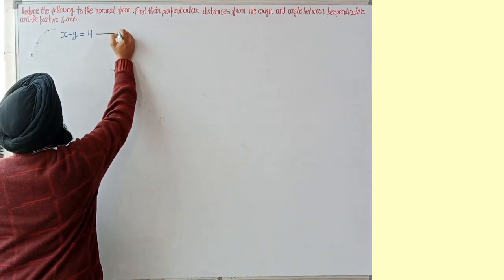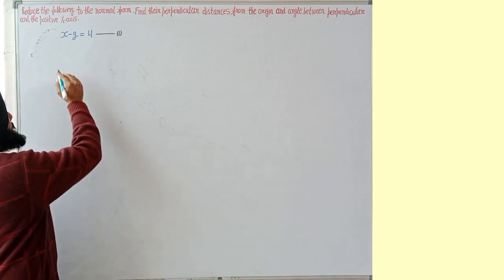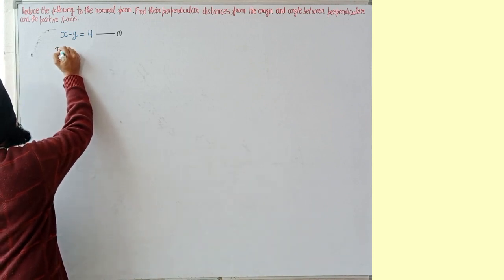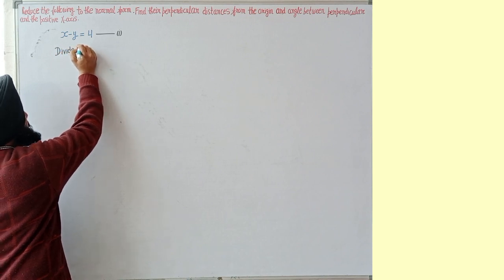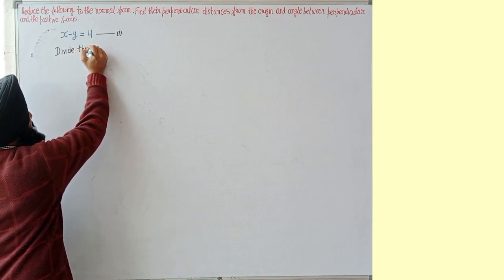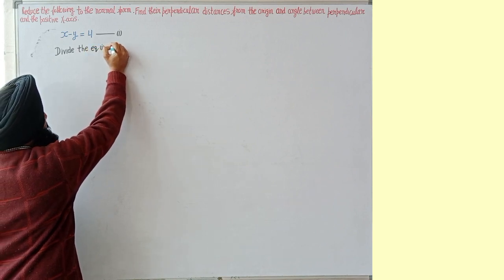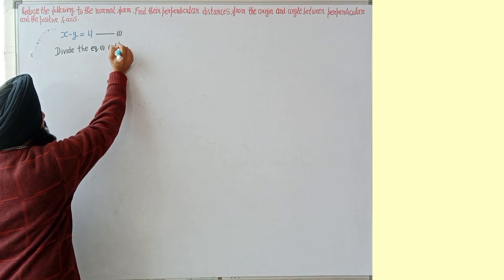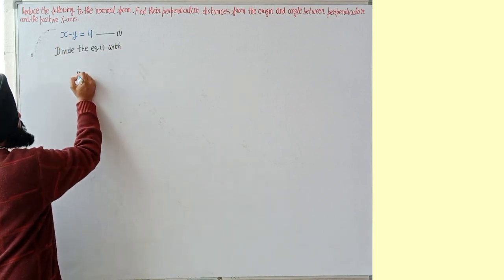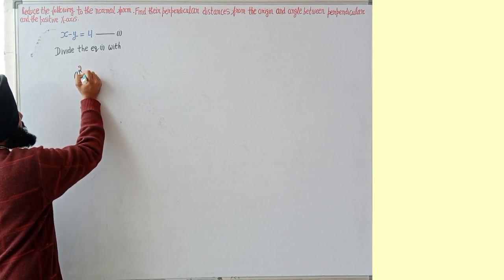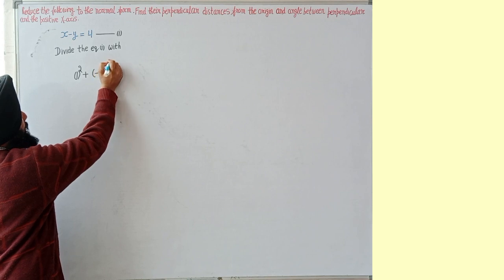I have mentioned this as equation number 1. Divide equation 1 by the square root of coefficient of x square, that is 1 square, plus coefficient of y, minus 1 square.